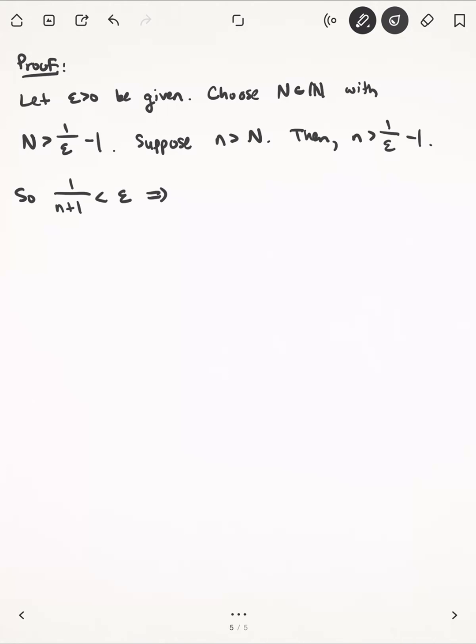Which means the absolute value of (negative 1)^n over n plus 1 minus 0 is less than epsilon. So for any epsilon greater than 0, I found that I can get this sequence to be arbitrarily close to 0. Therefore, the limit as n goes to infinity of (negative 1)^n over n plus 1 equals 0.